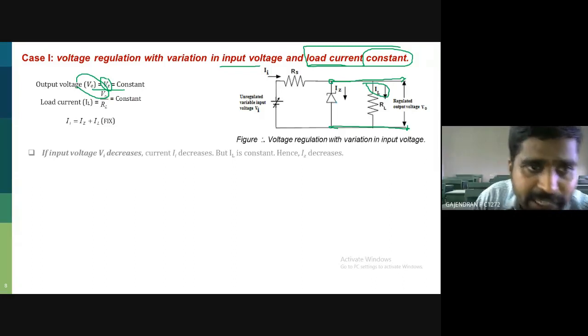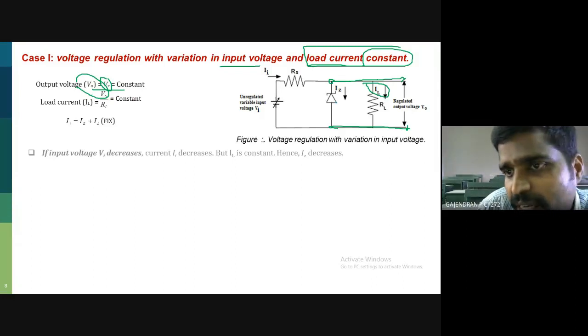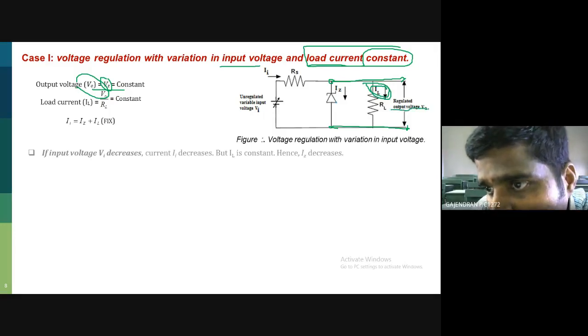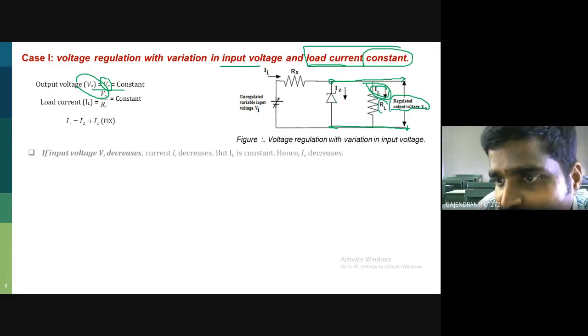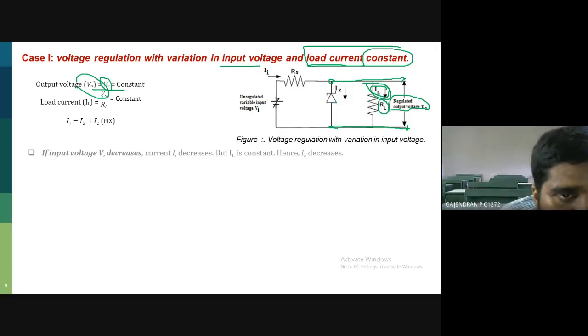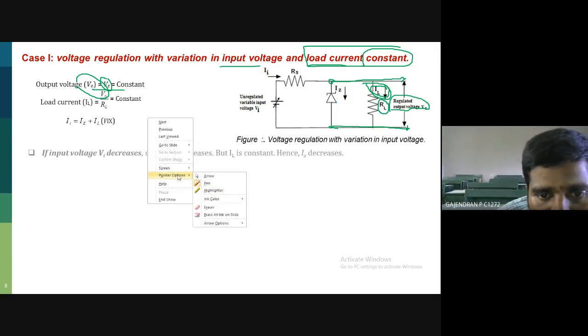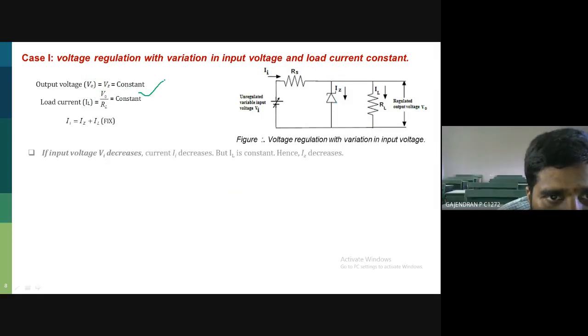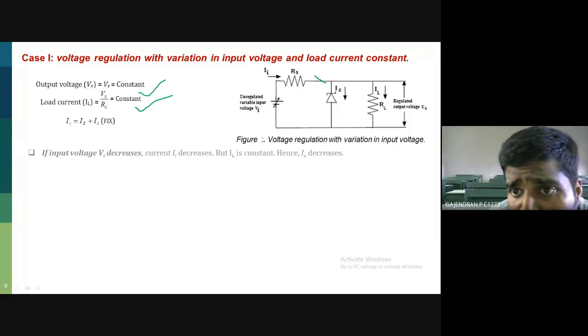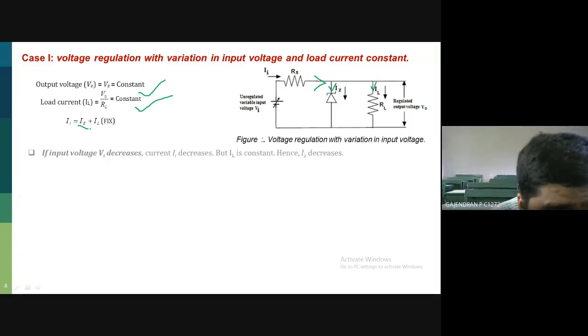ஓகேவா? Then என்னோட load current எப்படி கண்டுபிடிக்கலாம்? Load current IL is equal to the voltage drop across the resistor divided by the value of the resistor, that is Vout divided by RL. Okay, இதுல இது constant, load current constant. Then KCL equation, the input current is equal to the sum of the leaving current, IZ plus IL. This one I am going to make it as a fixed one.